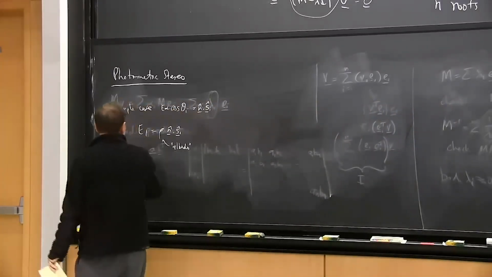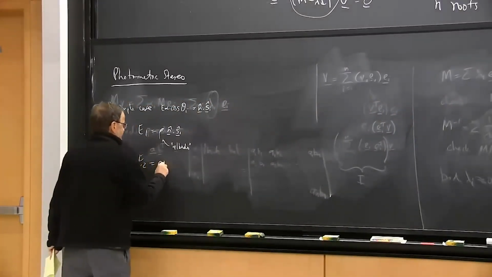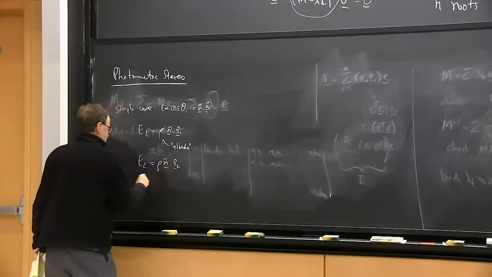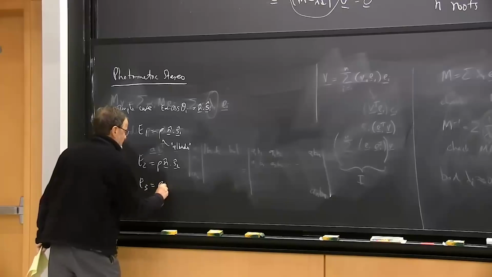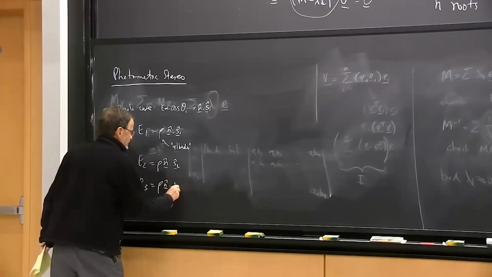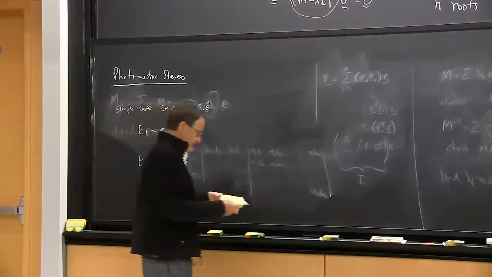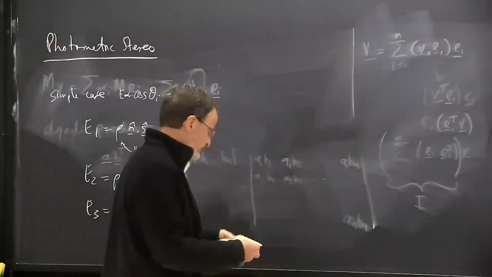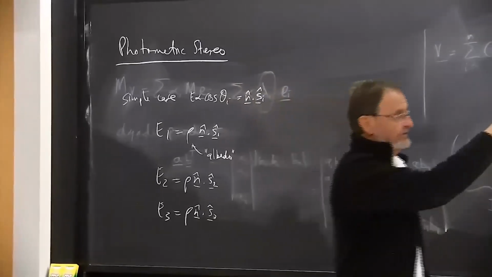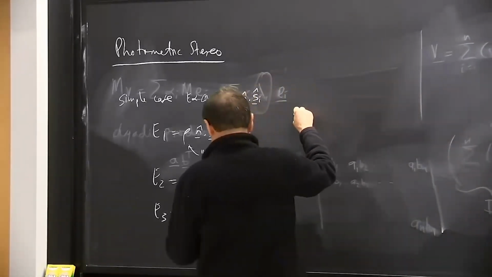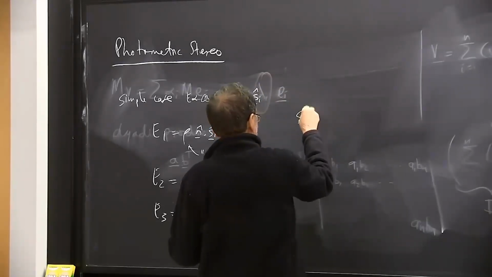Okay, so then I use a different light source, and I get a second measurement, and then I use a third light source, and I get a third measurement. And we did this last time. And this is where we use that notation for dot product. Let's do that, S1.